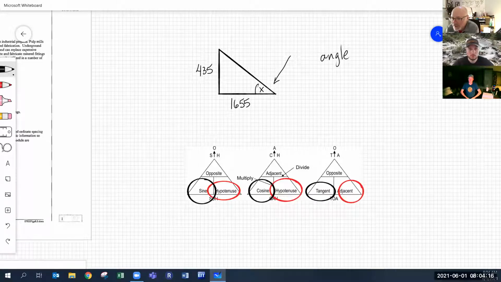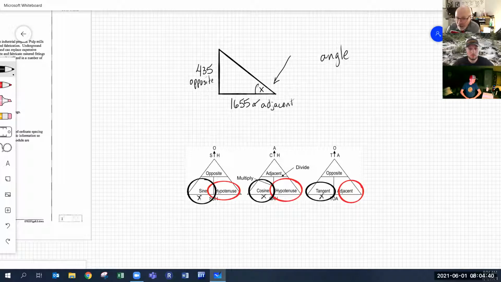These are representative of the angles. So this one, 1655, has to be the side adjacent. 435 is the side opposite.